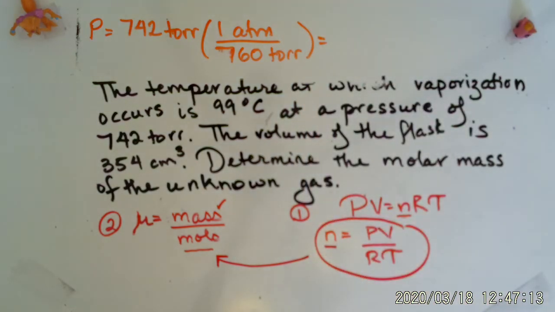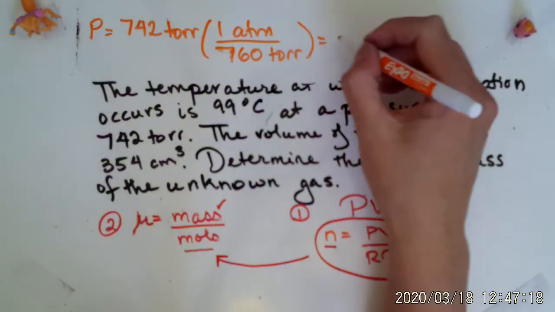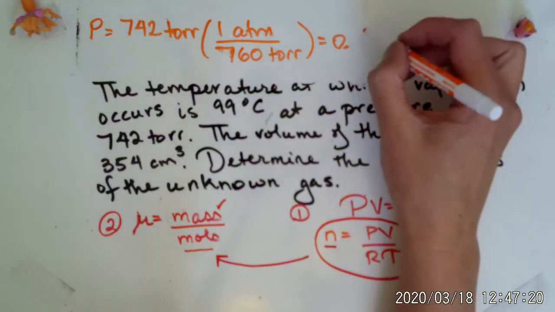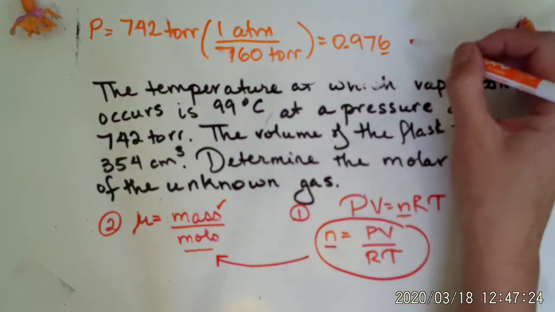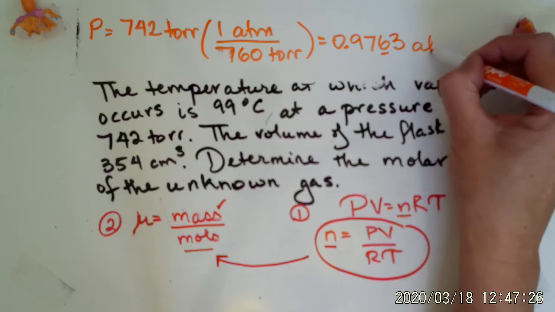So 742 divided by 760 gives us 0.976, three significant figures, atmospheres.